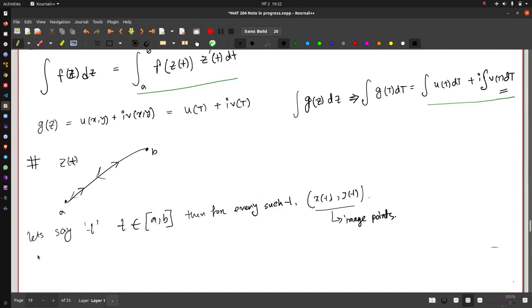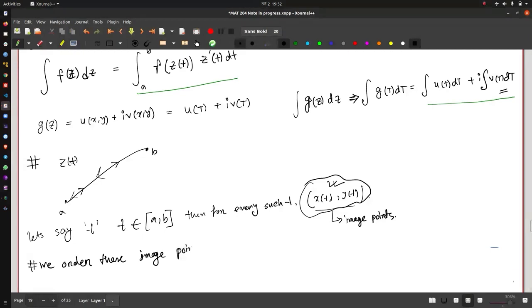So what we do is that we order these image points, that means these x and y's, z of t, because z comes in terms of x and y, and x and y are actually parameterized in terms of t, so that's why I'm writing it as z of t.